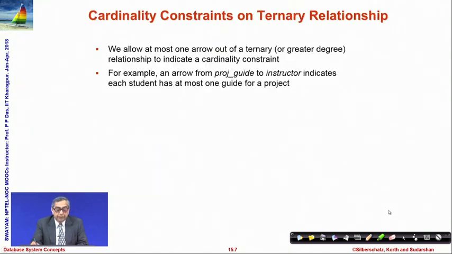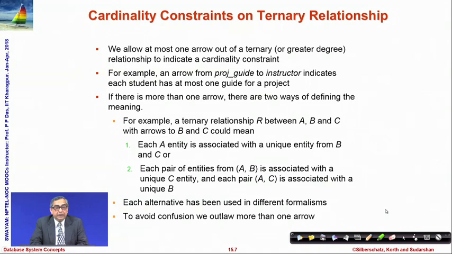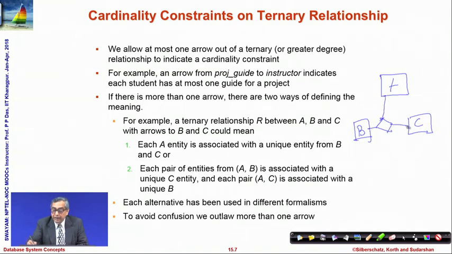For example, suppose we have a ternary relationship between A, B and C, and suppose we have more than one arrow, say an arrow to B and an arrow to C. The question is how should we interpret that?